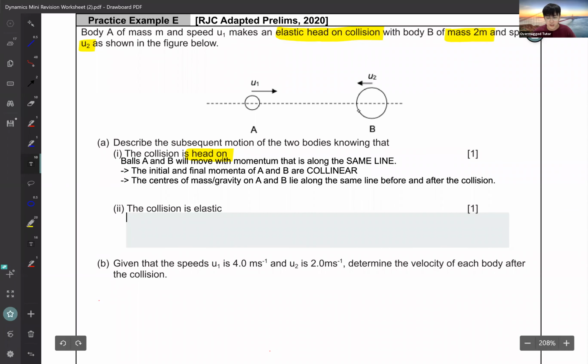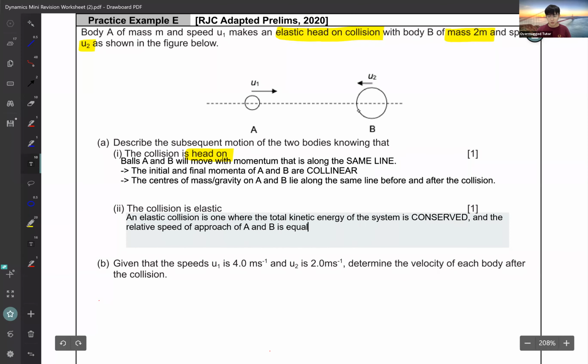Okay. So the collision is elastic. What does an elastic collision mean? Basically, an elastic collision is one where the total kinetic energy of the system is conserved and the relative speed of approach of A and B is equal to the final relative speed of separation.